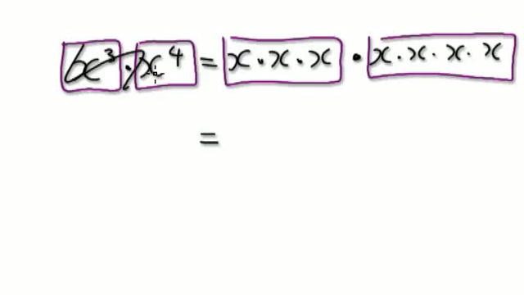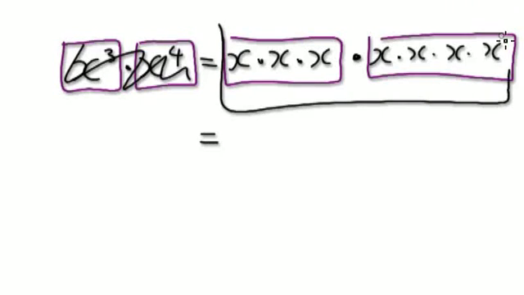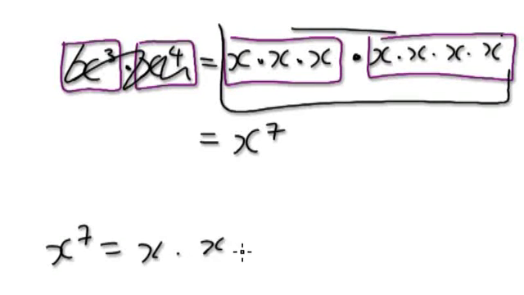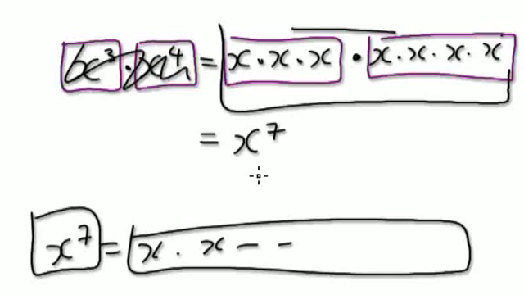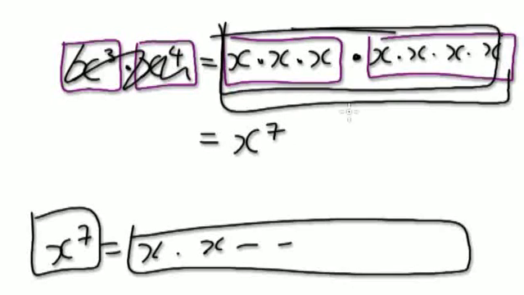Now, if I were to remove this and ask you, what is this? You would just say x to the power of 7, because x to the power of 7 means x times x times x, 7 times. So it's just a quick way of writing this long thing here. So now when you're given this, you can work backwards to write it as this.